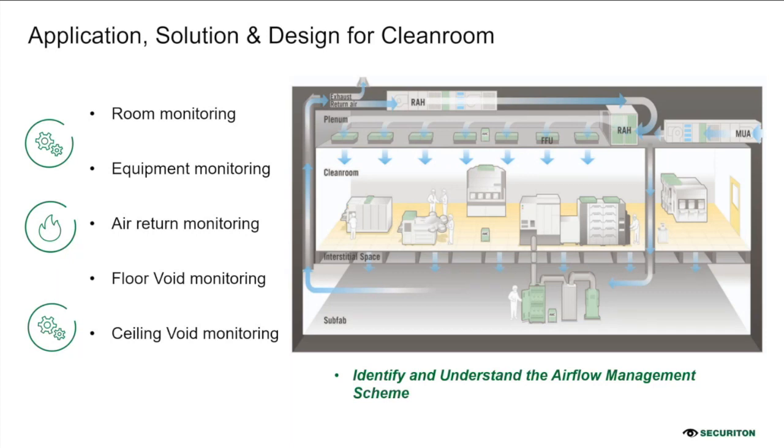So it's a circulation through quite a number of places, which are the MUA, FFU, the clean room, the sub-clean room, and the air handling return or AHU. These are the common places which we have in a clean room application.